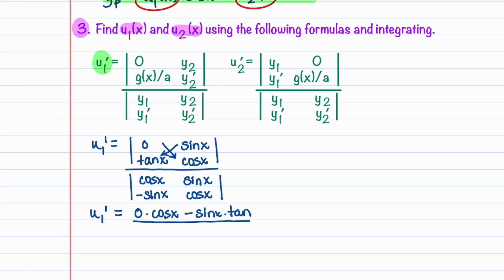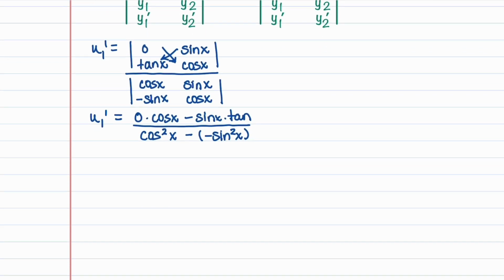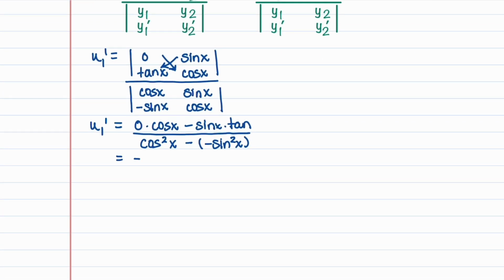We have cosine times cosine, so this is cosine squared x, and then we have a minus sine squared x. This gives us minus sine x tangent x. And notice our denominator is cosine squared x plus sine squared x, and that's a trig identity, and it is equal to 1. So our denominator we can just not worry about because it's equal to 1. Let me mark here that that was u1 prime.